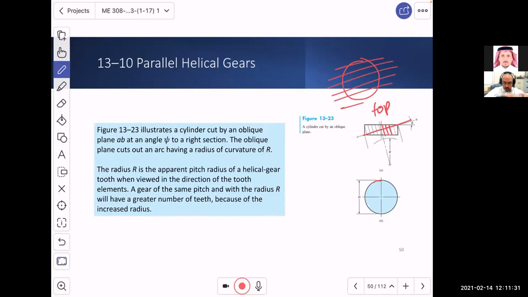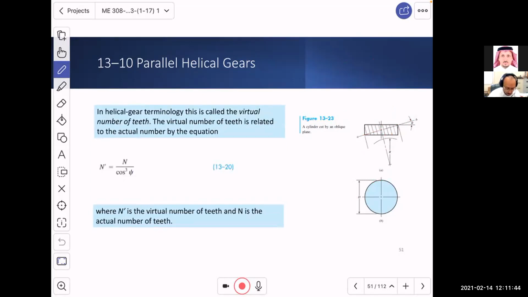That circle will definitely have a diameter. If you assume it to be the diameter of a gear, which is virtual, by the way, you cut the helical gear with an angle psi on the vertical plane. That circle is like a virtual gear.